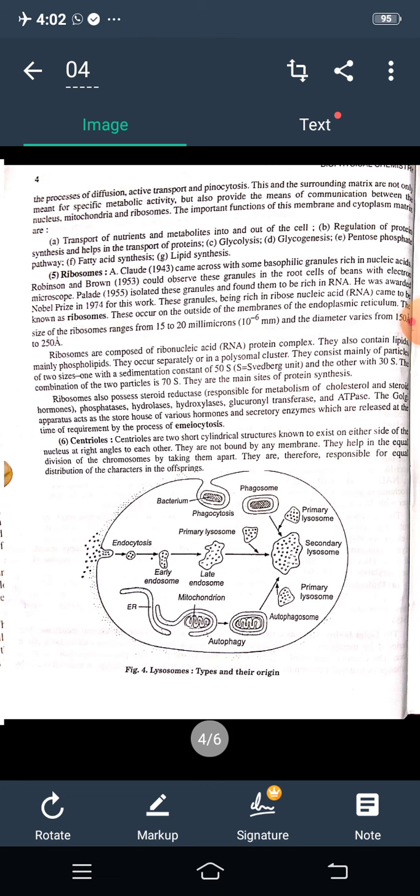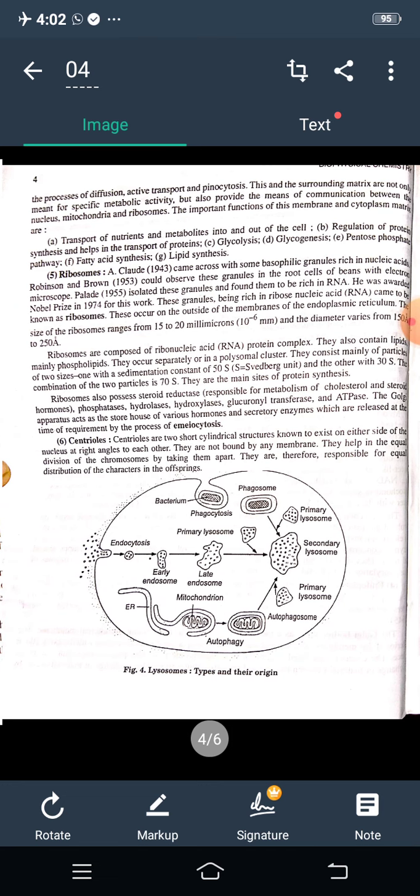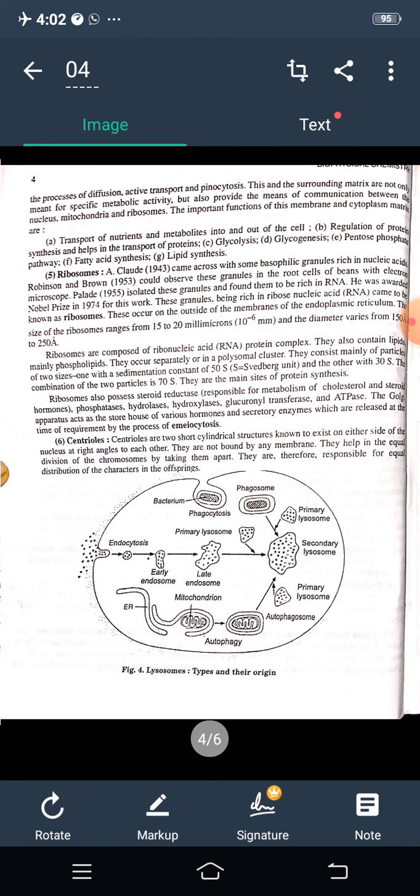The important functions of this membrane and cytoplasm matrix are transport of nutrients and metabolites into and out of the cell, then regulation of protein synthesis, and helping in the transport of proteins.